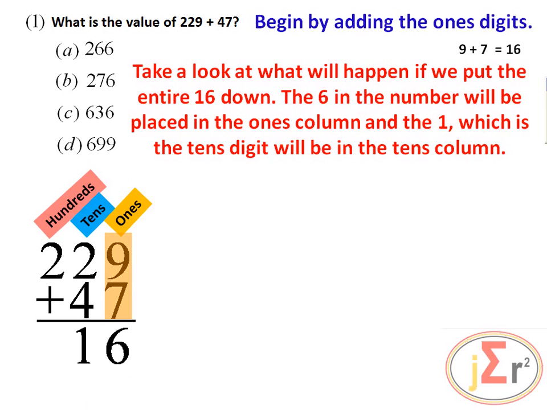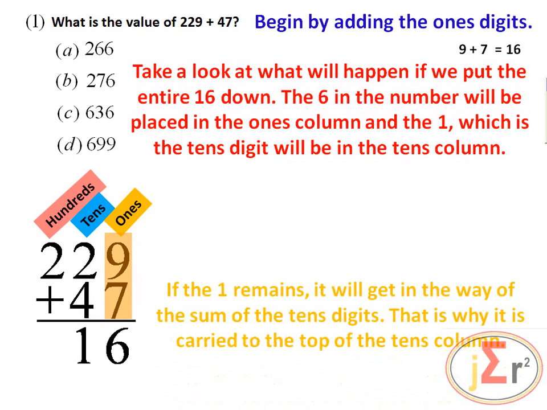Would that be acceptable, Jerry? Yes. Right, it would be acceptable, but if we do that, the addition process will be confused because we still need to add these and the result needs to be in the tens place value position.